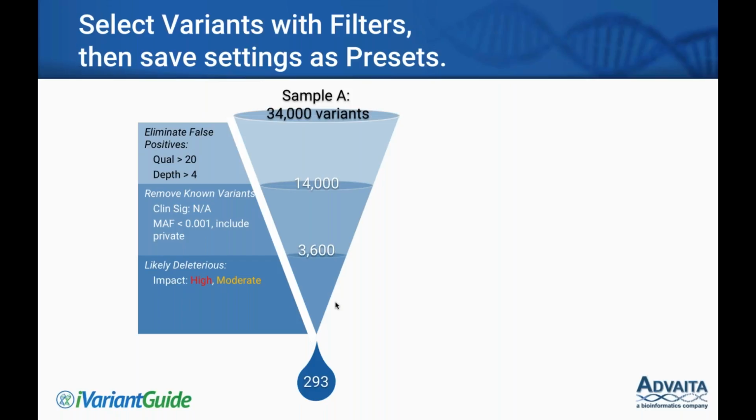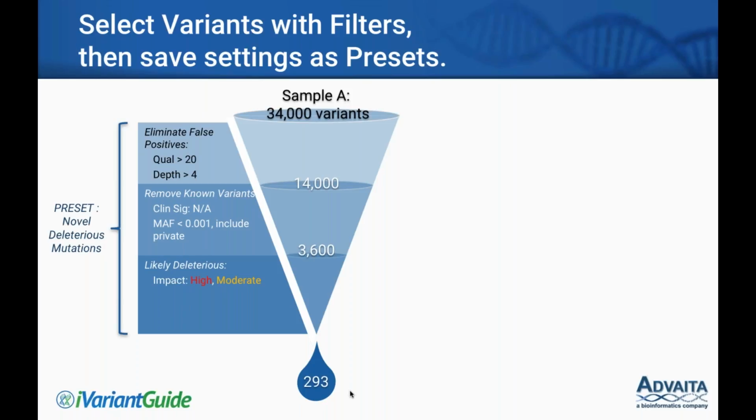And then I've set the predicted impact from SnpEff to high and moderate. So I want variants that I expect to have at least a moderate impact on the transcript. And what I've gotten with just a few clicks is from 34,000 variants all the way down to less than 300 variants.